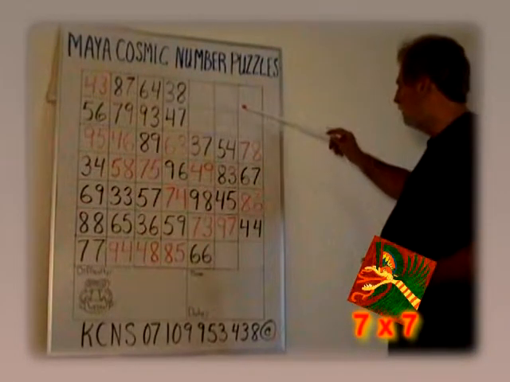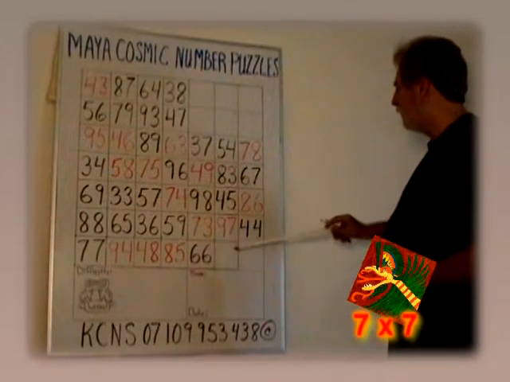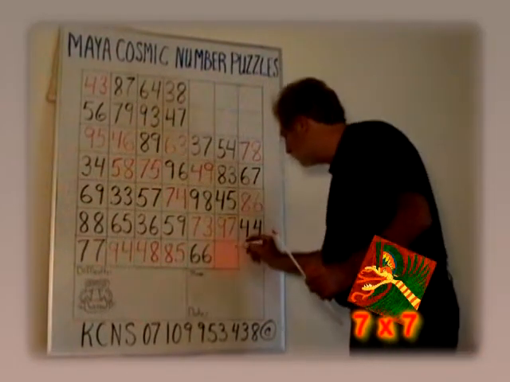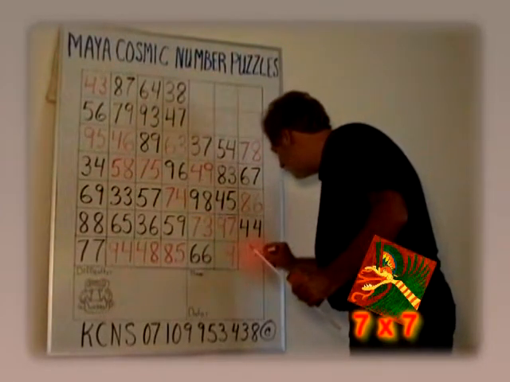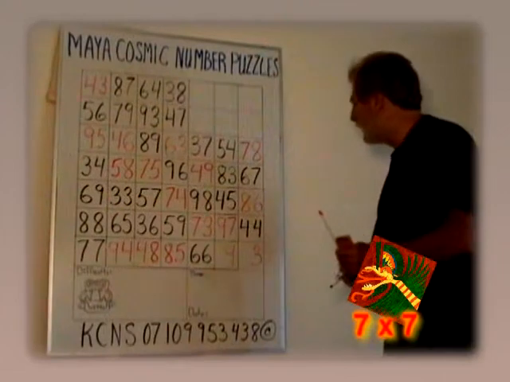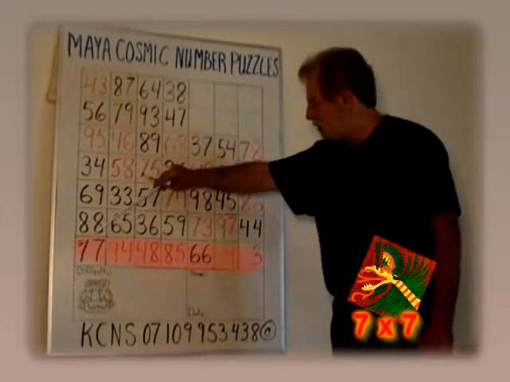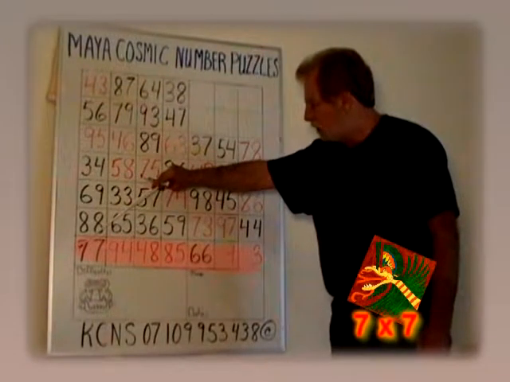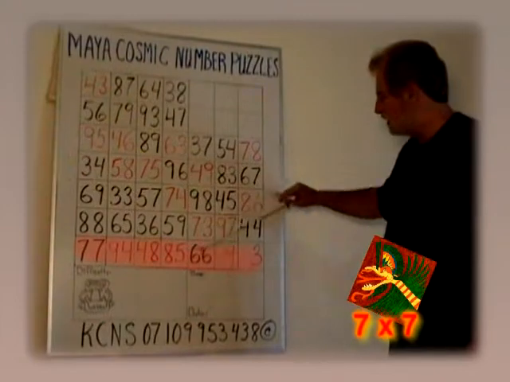So when we check for this column, we see that we have a 3. So the 9 must go here, and the 3 must go here. Then when we solve for the left side of the squares, we see that we have a 7, a 9, a 4, an 8, a 6.